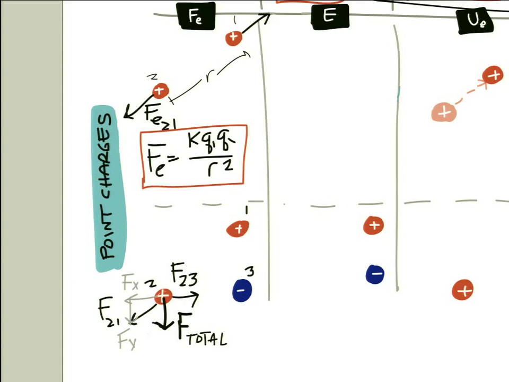Similarly, if you look at the other force, you have an x component only for that force. And if I ask how to find the total force, an actual numeric quantity for the total force, you can see that I'm going to have to do a sum of the forces in the x direction to get an x component, and a sum of the forces in the y direction to get a y component.